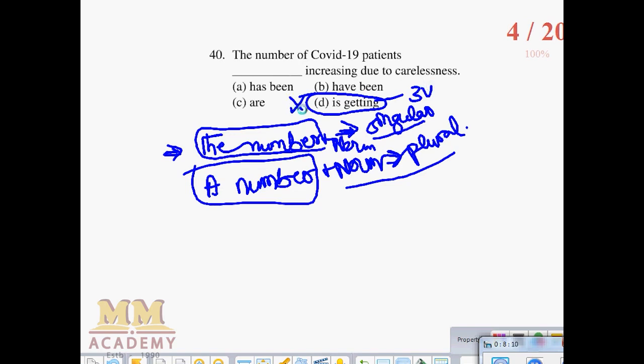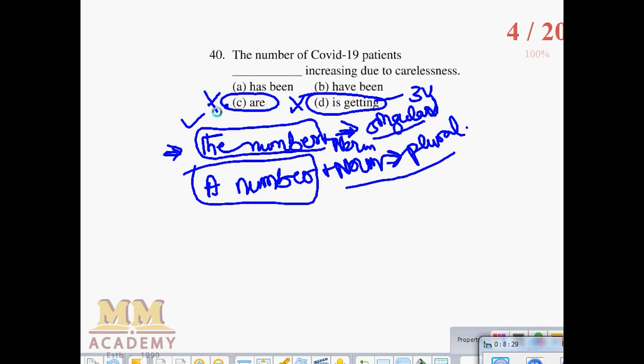Then if you look at are, the number of COVID-19 patients are. As we already said, when the number comes, we use a singular verb. So we have to find a singular verb, and it's plural, so it's not possible.